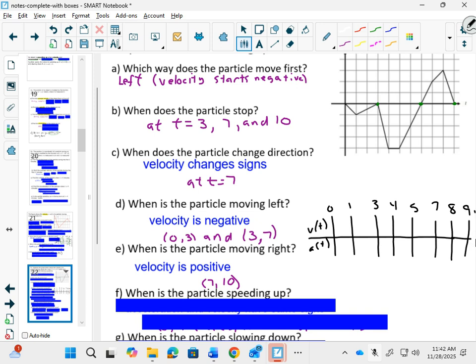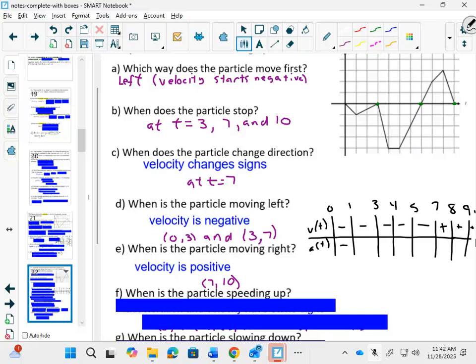Okay, so start with your velocity. Velocity: negative, negative, negative, negative, negative, positive, positive, positive. Easy to plug that in, easy to figure that out. Acceleration will be the slope of velocity. So when your lines are straight, it just becomes the slope of that line because that's the derivative.